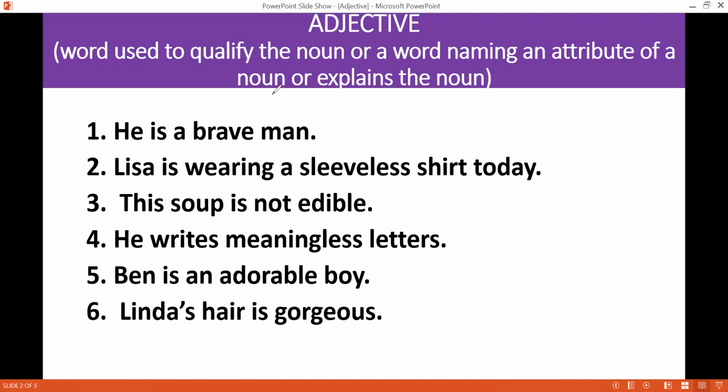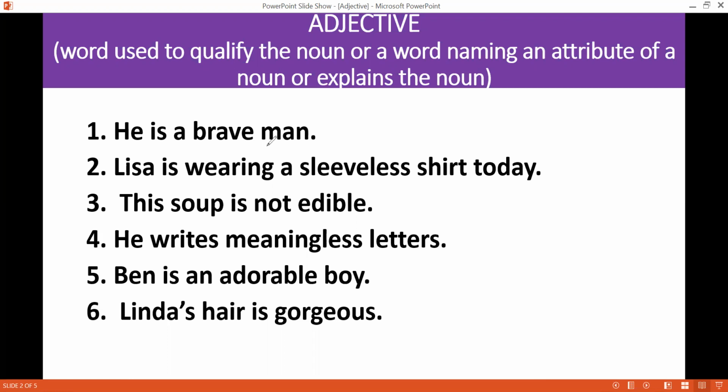After knowing the definition of an adjective, let's see in sentences where the adjectives are, where they are placed, and how we can know that a word is an adjective. He is a brave man. Adjectives always qualify or come with the noun.